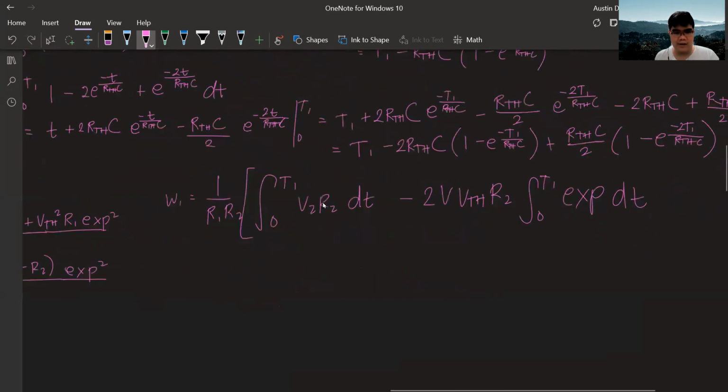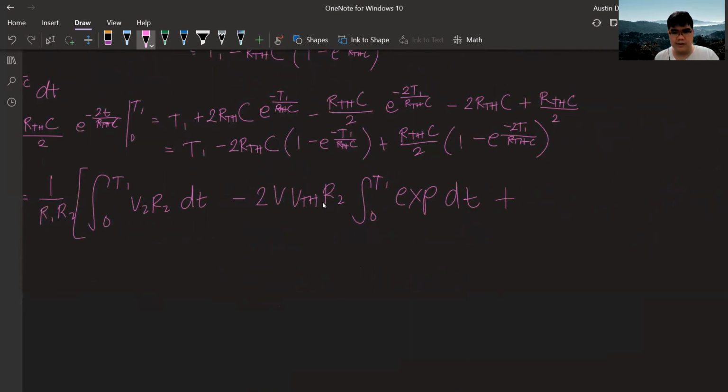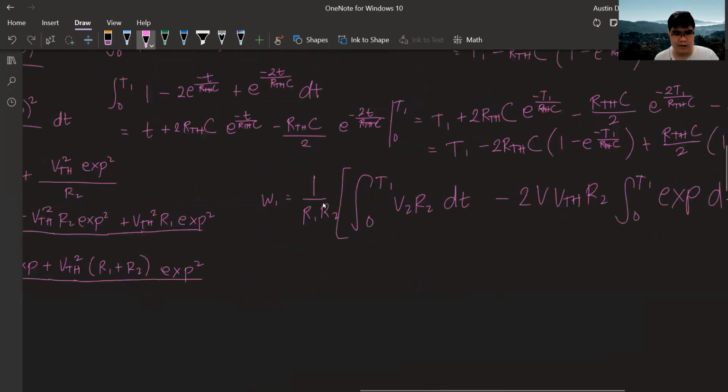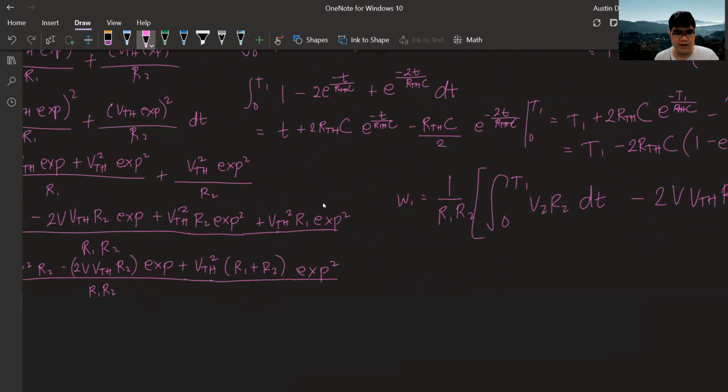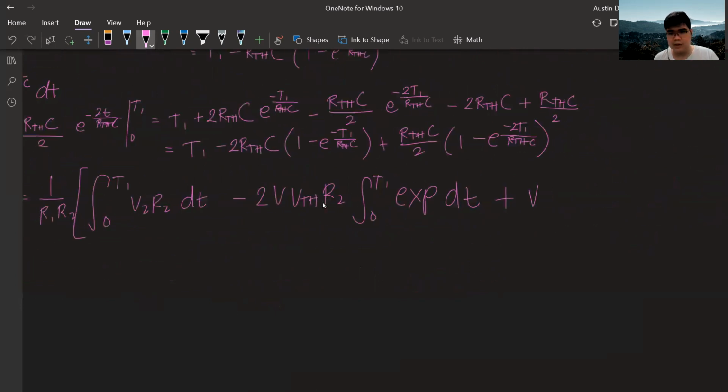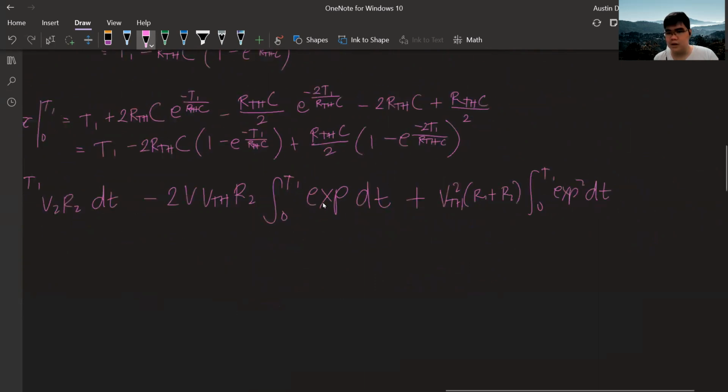Then lastly, plus factor out muna natin yung V_th squared (R1 plus R2), V_th squared (R1 plus R2), and then the integral of exp squared dt.